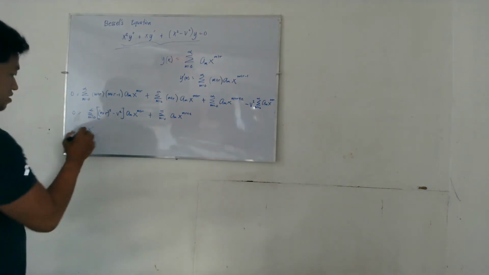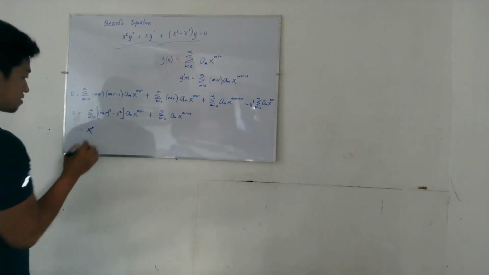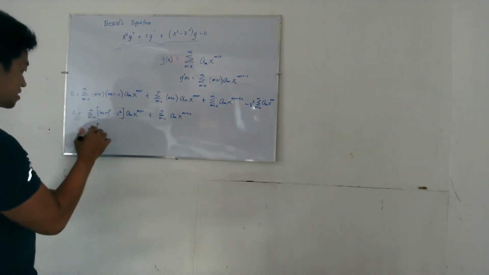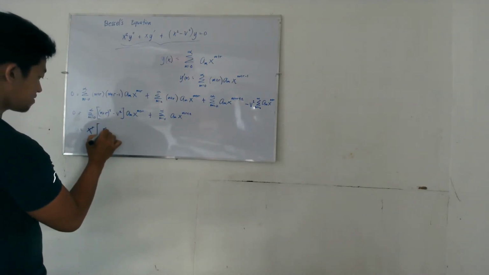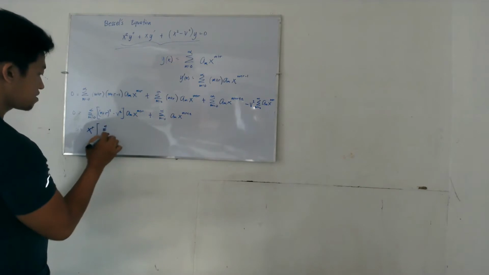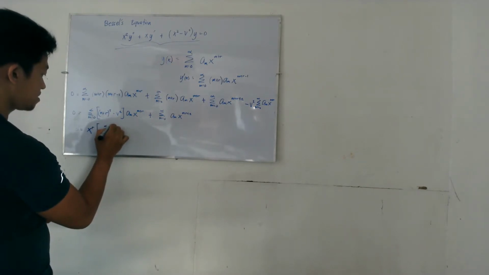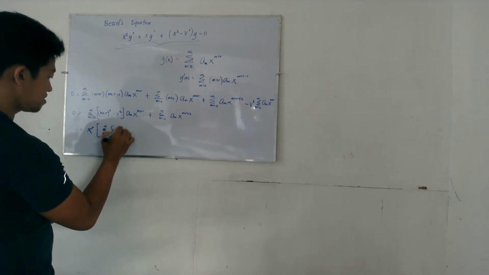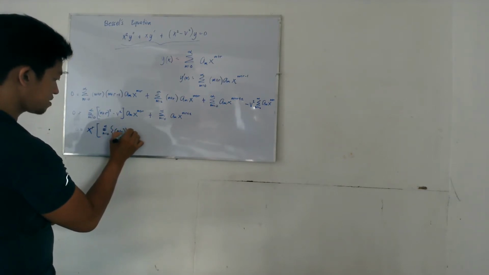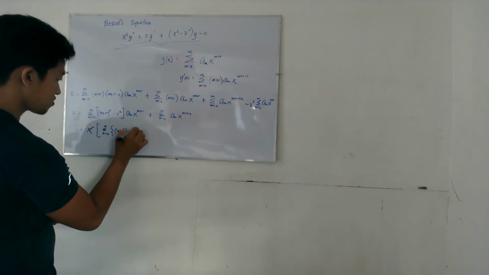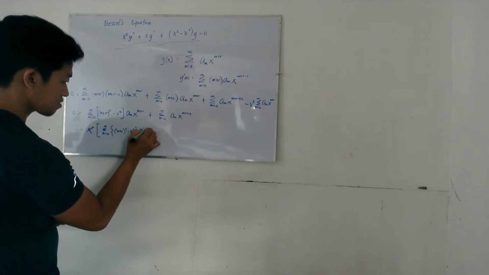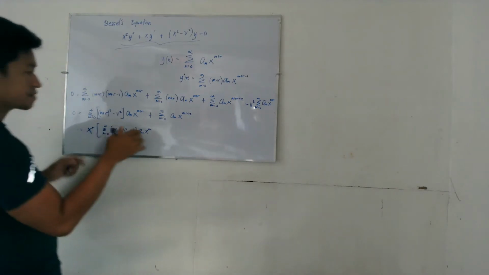So we will collect x to the r. Okay. So this becomes summation of (m plus r) squared minus mu squared, a_m x^m, right?